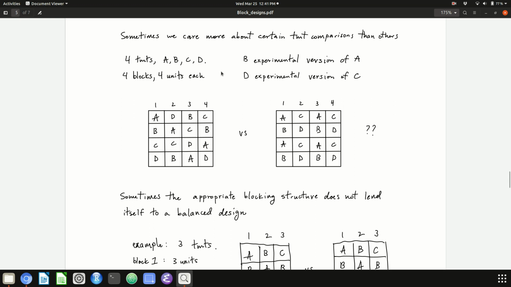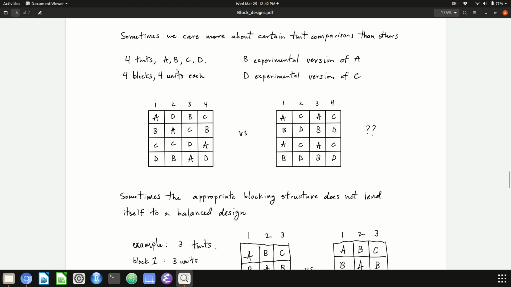But in this specific example, B is like an experimental version of A, and D is an experimental version of C. So A is a well-established treatment, C is a well-established treatment, but B and D are kind of experimental versions of that.